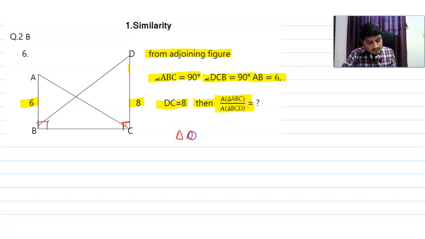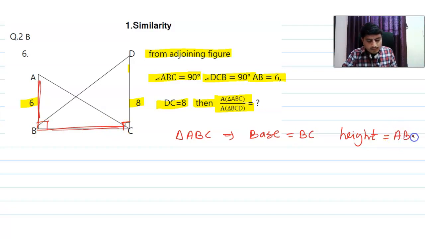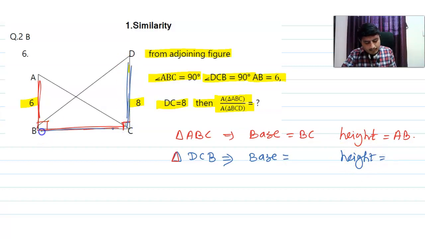Look first at triangle ABC. Assume that for triangle ABC, AB is the perpendicular drawn on BC. So BC is the base of the triangle and AB is the height of the triangle. Look at the second triangle, the triangle DCB. In that triangle, assume DC is the perpendicular drawn on BC.